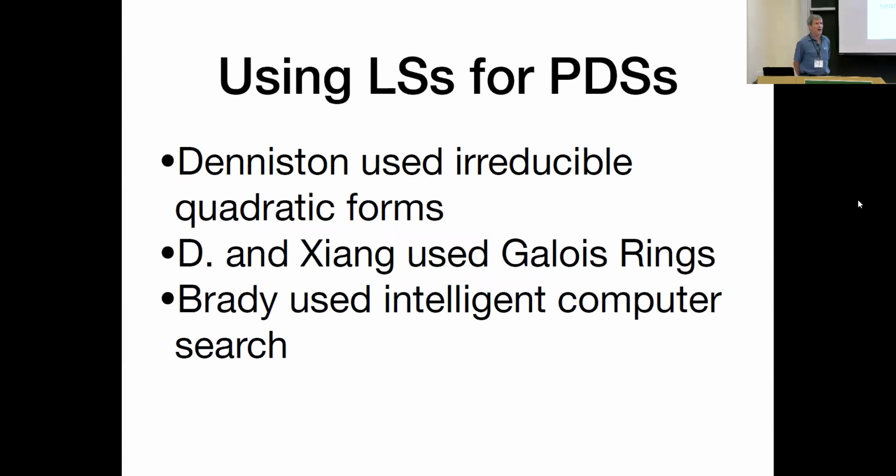And just, again, a little history of this. Denniston was doing things in projective geometries. He was using irreducible quadratic forms. But when you go back and look at what he did, this was 50 years before linking systems were defined, but that's what he was finding: linking systems of different sets in elementary abelian 2-groups.